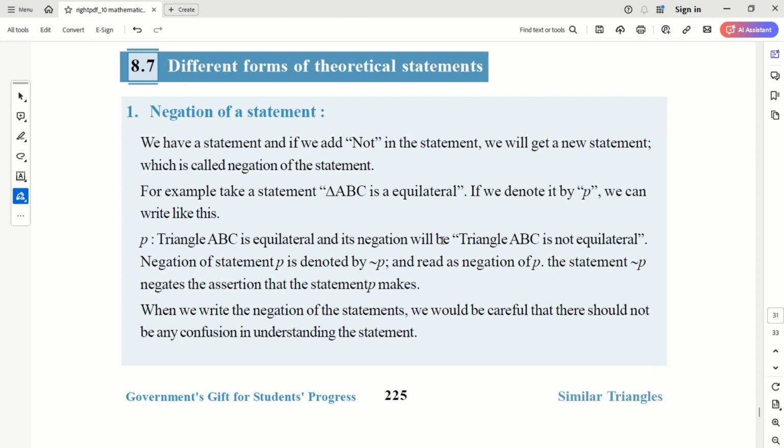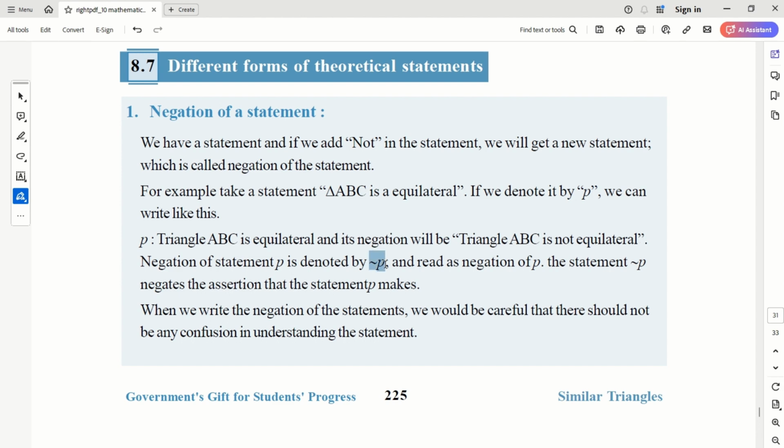So when you write a negation, make sure that you are writing the negation of exactly the given statement. If triangle ABC is equilateral, that is my statement. The negation of the statement will be: triangle ABC is not equilateral. That's it. Don't say it is right angled, isosceles, or scalene. You don't need to say that.